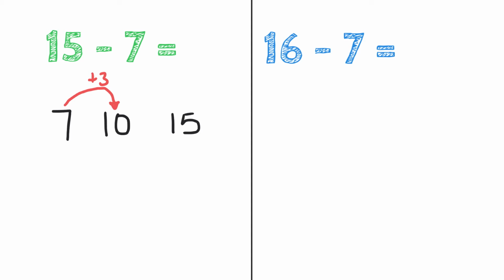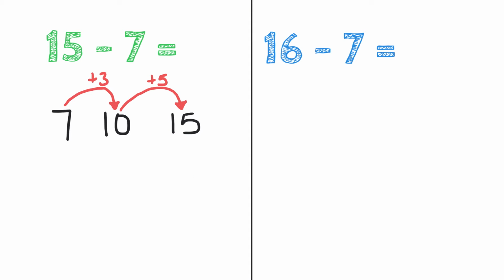And I'm going to jump from 10 to 15. And that's going to be 5 because I know 10 plus 5 equals 15. And that's another way you can read this, boys and girls. 7 plus 3 is 10. 10 plus 5 is 15.